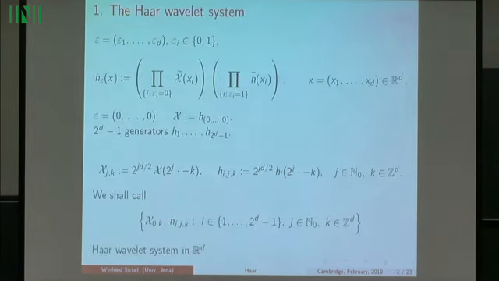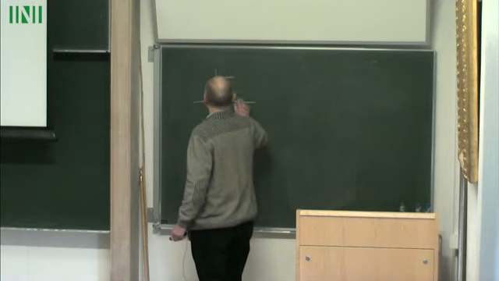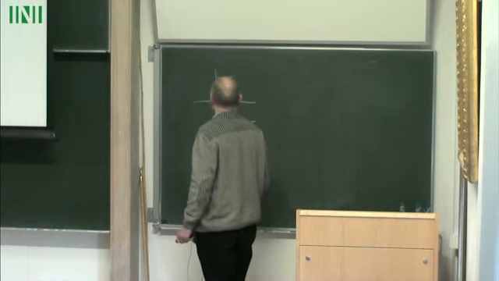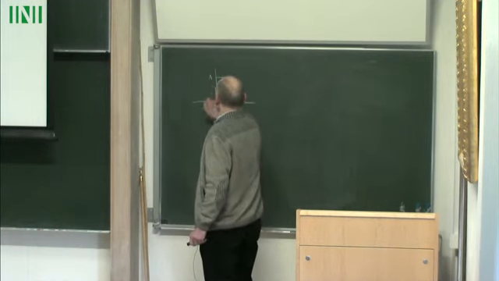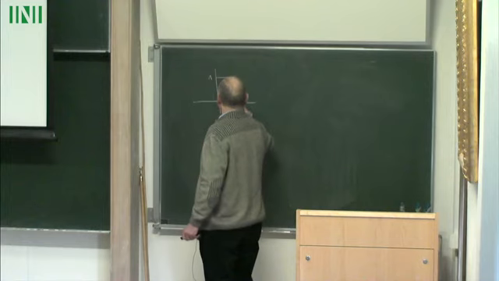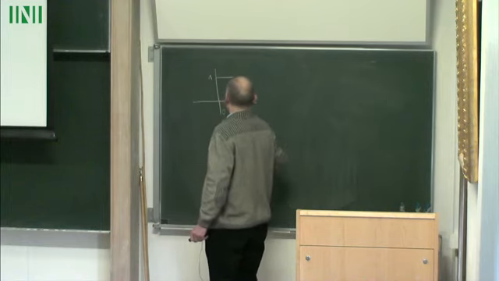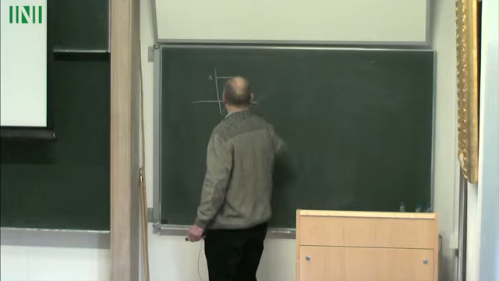So a few words on the Haar system. Of course, I believe that all are familiar with the Haar system. The generator of the Haar system is a step function, which has value 1 on the interval [0, 1/2) and value -1 on [1/2, 1).